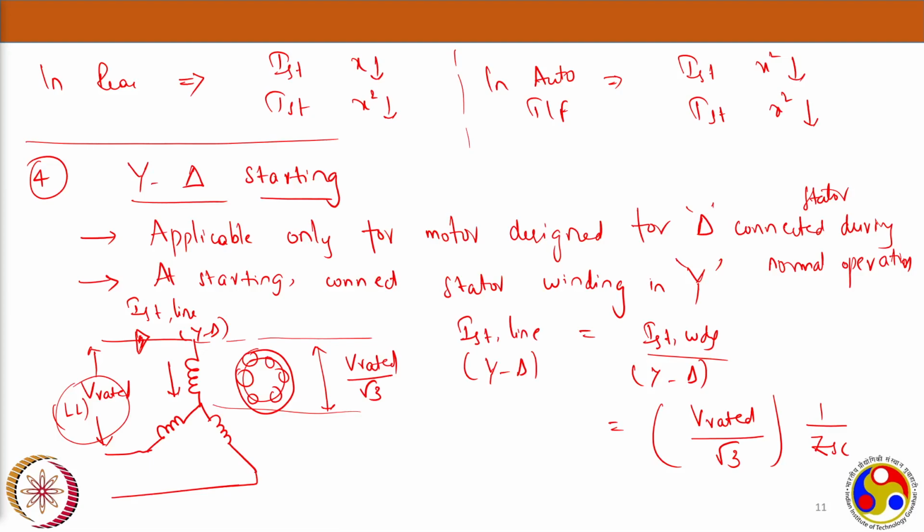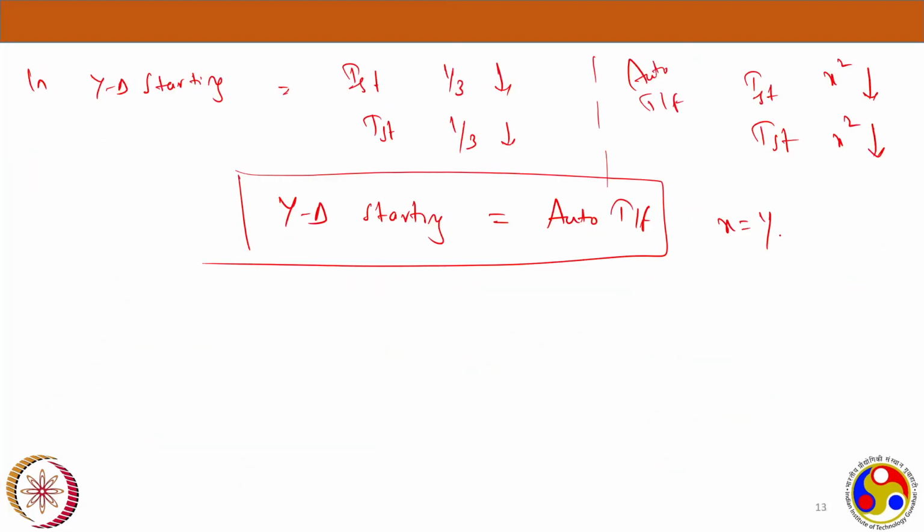So your star delta starting is equal to the auto transformer when your tap ratio x is equal to 1 by root 3. In the auto transformer you have this turns ratio, right? The secondary turns ratio. If you keep the x turns ratio at 1 by root 3, then your starting current and starting torque will be reduced by 1 by 3, which is the same as the star delta starting.